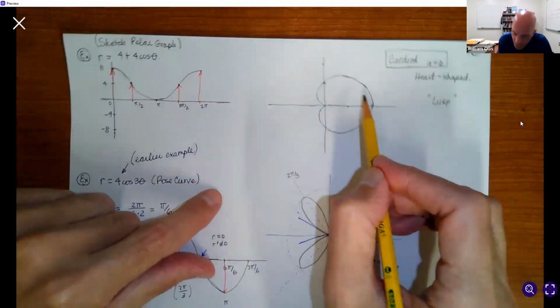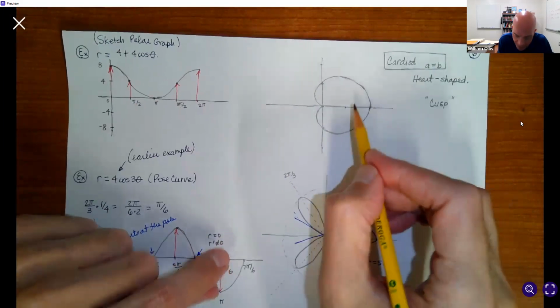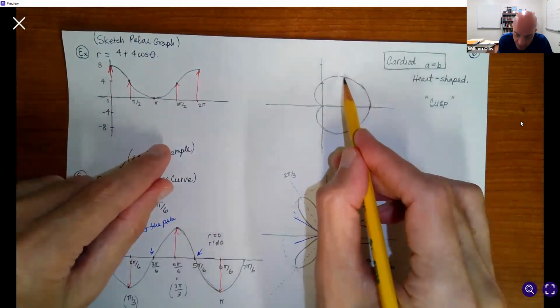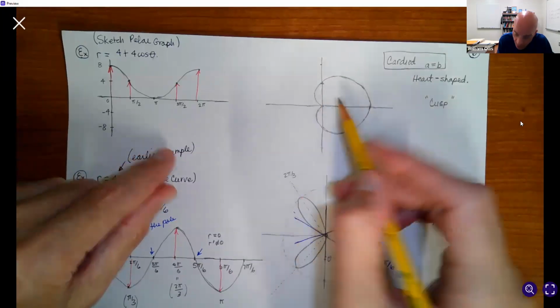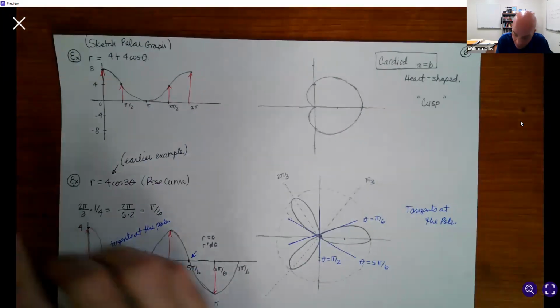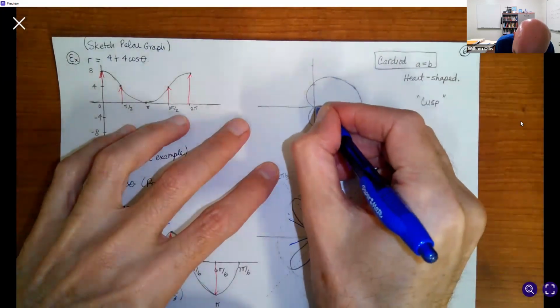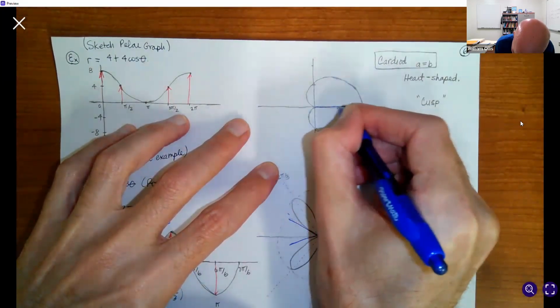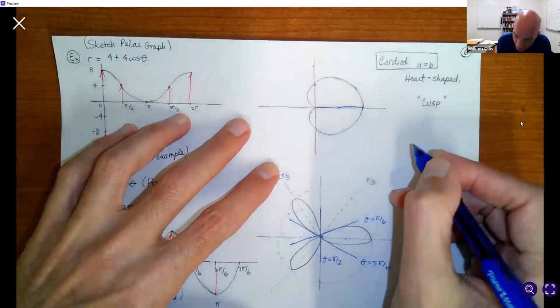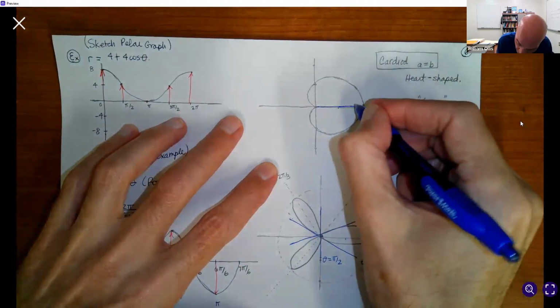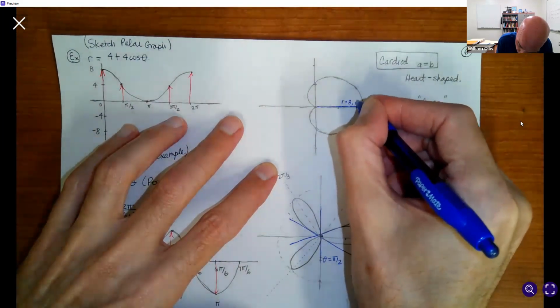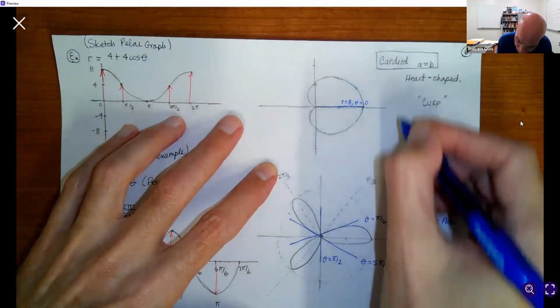Now, here's where you have to think of this. As theta is getting larger, the value of r is getting smaller and smaller. And so you can think here that we've got r equal to 8 when we have theta equal to 0. So you can say r equals 8, theta equals 0.